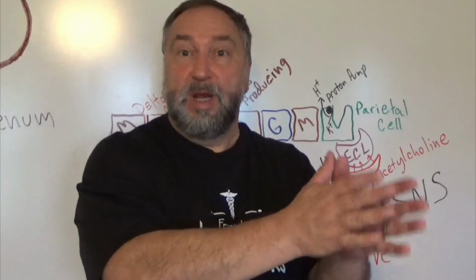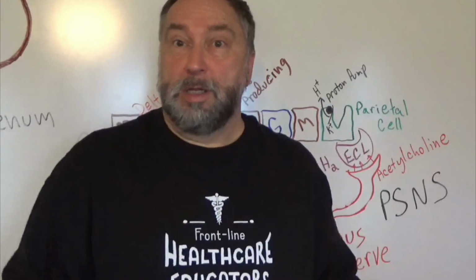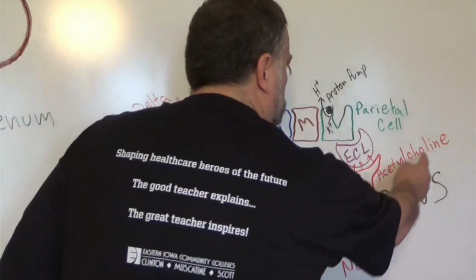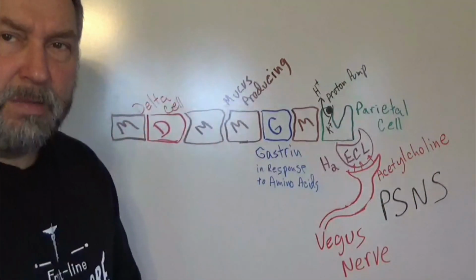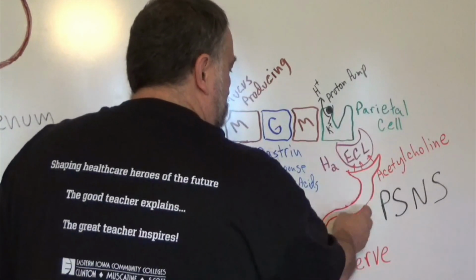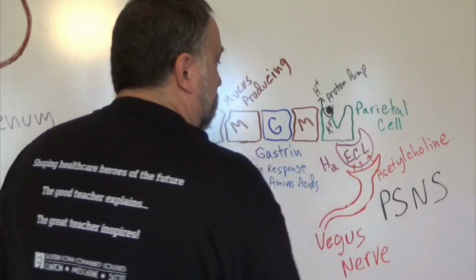You have the sympathetics, which is fight or flight, and parasympathetics, which is rest and digest. So let's do some digesting. The parasympathetic nervous system uses acetylcholine as its neurotransmitter. Acetylcholine gets released from the vagus nerve, and it stimulates the ECL cell.